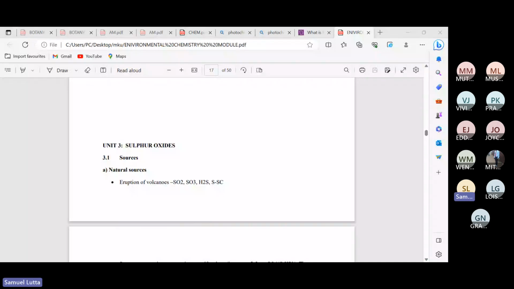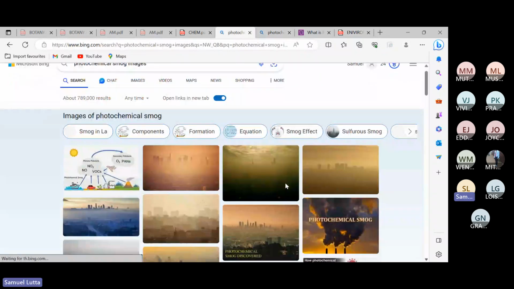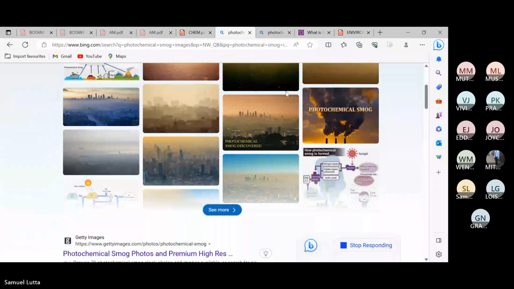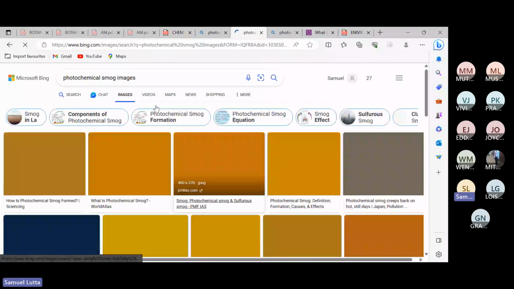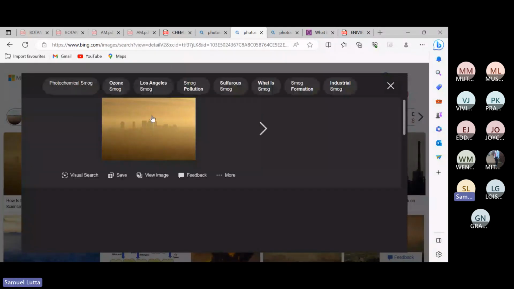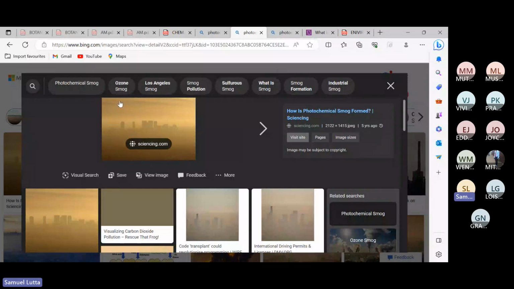I don't know if we can be able to see it here. So sometimes in the developed countries, you can have situations like this one. I don't know if you can be able to see it from your end, where the atmosphere doesn't look very clear.